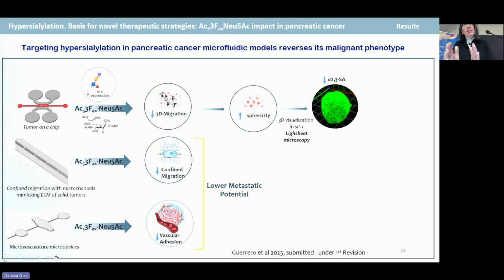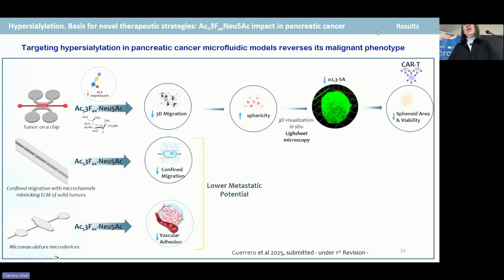All of that is just confirming the reduced invasive and metastatic potential of the tumor cells when they are treated with the inhibitor, when they reduce the sialic acid expression.